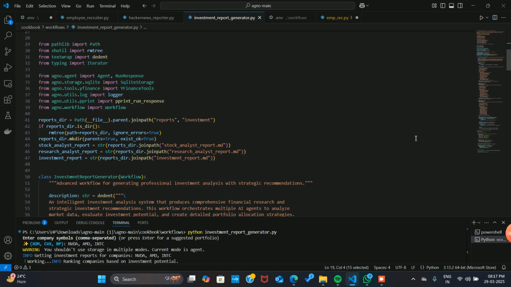And then obviously we can use the stock symbols, like Nvidia, Google, any company that comes to your mind.